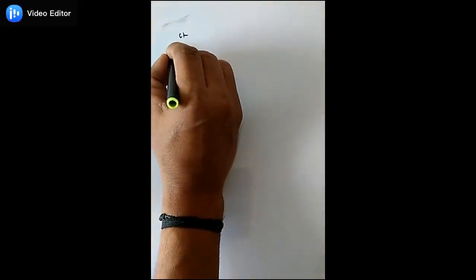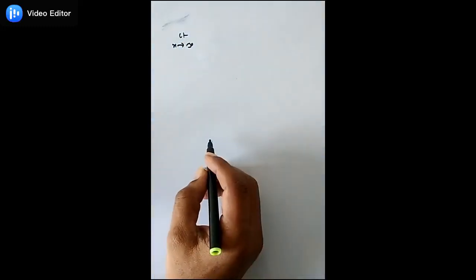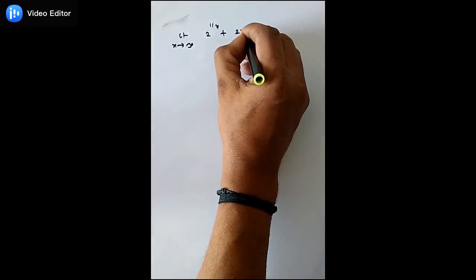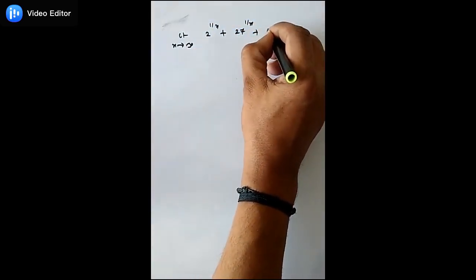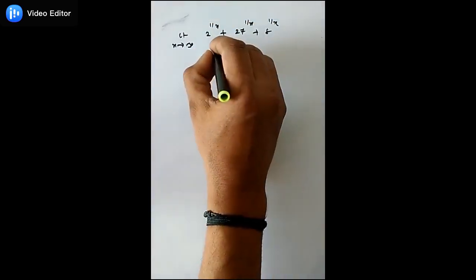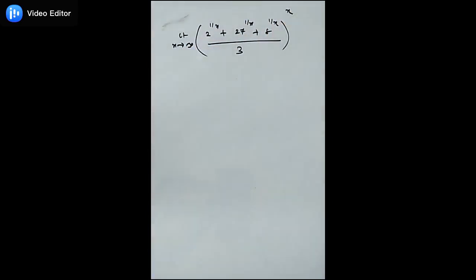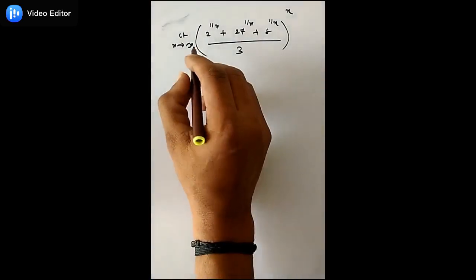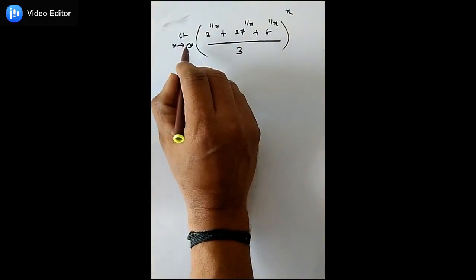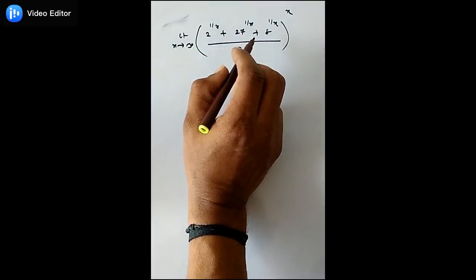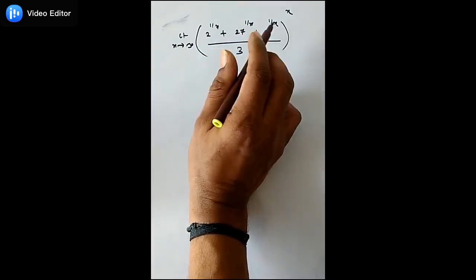The limit as x tends to infinity of (2^(1/x) + 27^(1/x) + 8^(1/x)) / 3, whole to the power x. So what is the value of this limit?